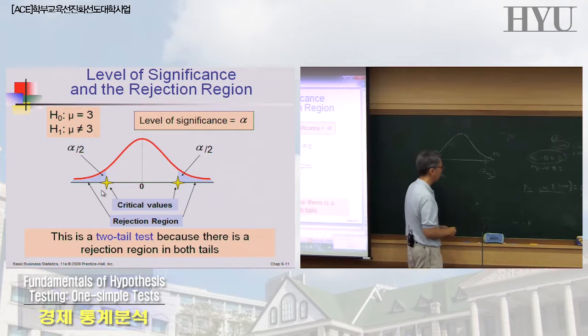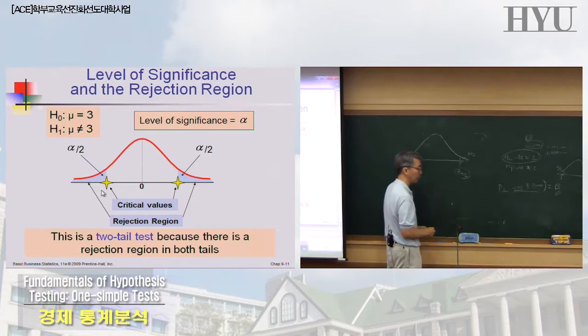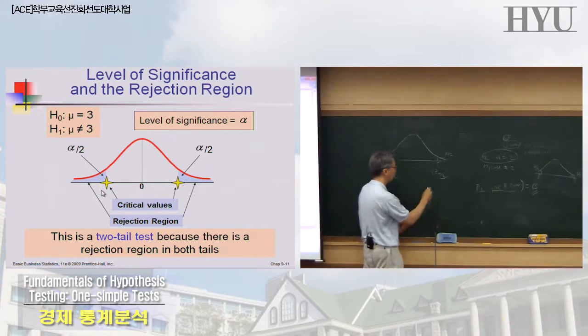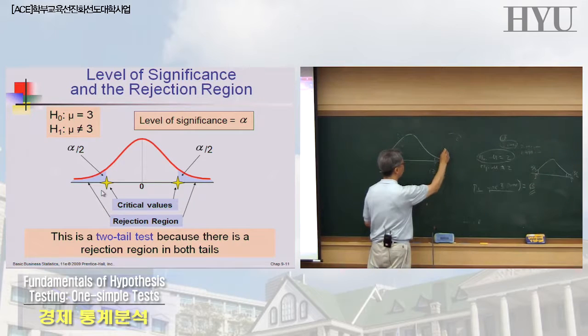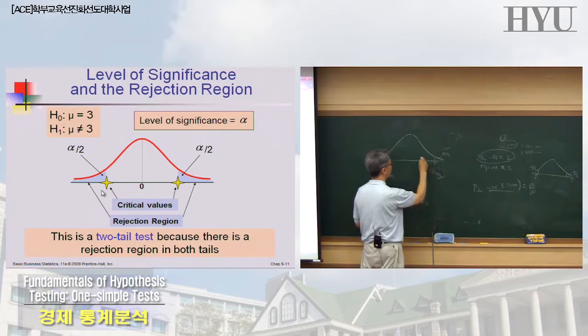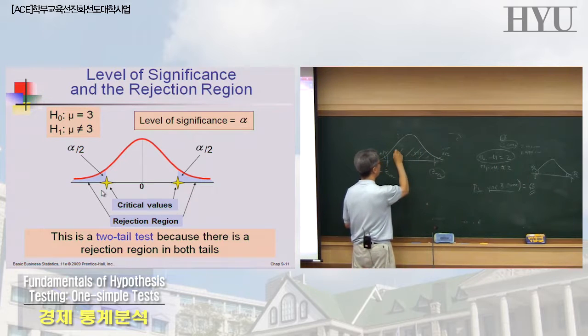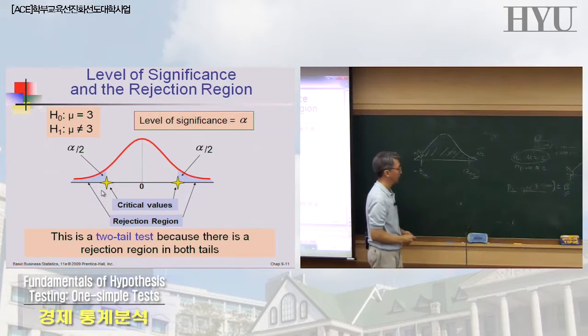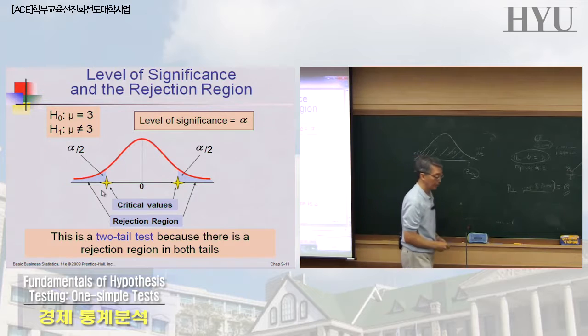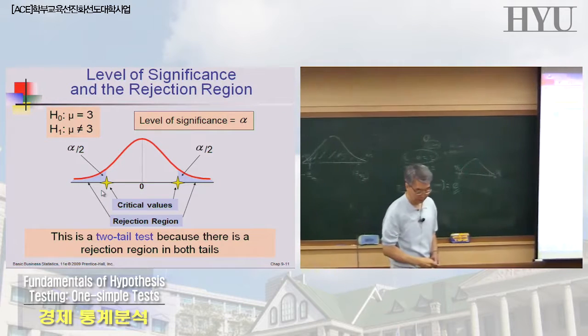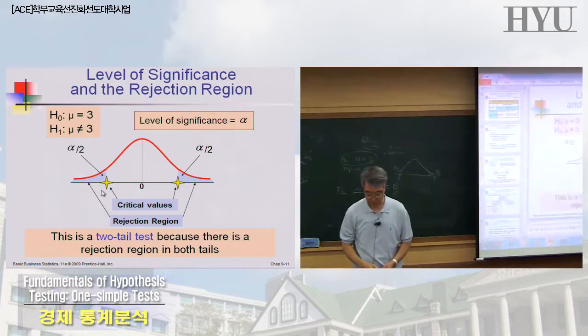And you know how to find out from the z table, right? If this happens to be 0.025, that's the z-score which has 0.975 on its left side, okay? So you find out that z-score, right? That's going to be the critical value.